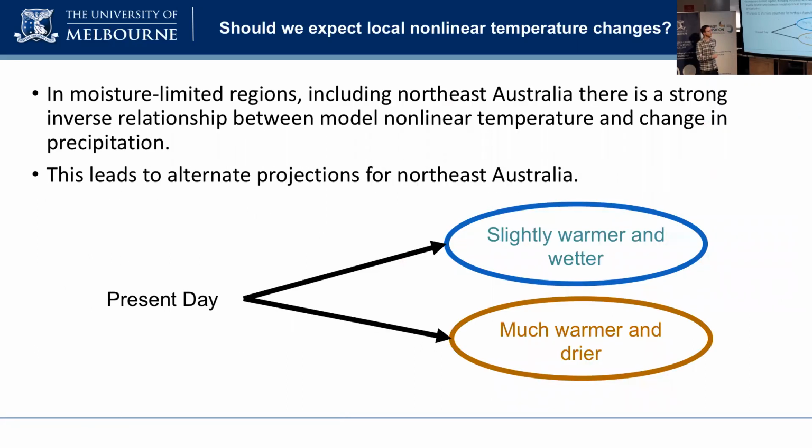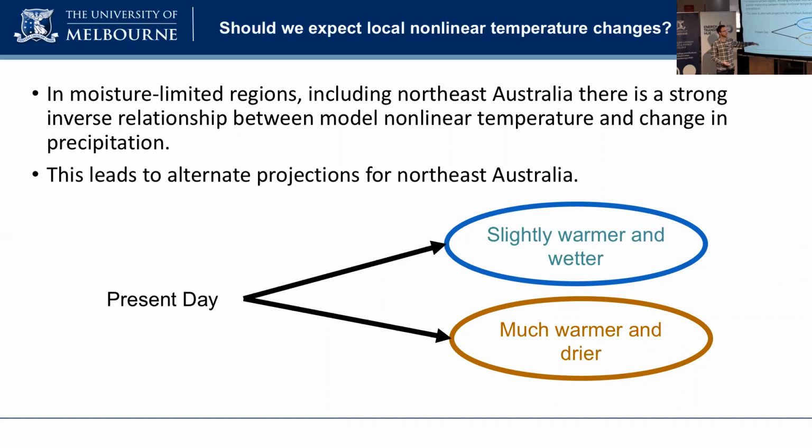Okay, so the point here is that in moisture-limited regions, so places like Northeast Australia, but also Central Europe and the Western US, for example, there's a really strong inverse relationship between models, where some models are warming but getting wetter, and some models are locally warming much quicker as a function of global temperature and getting drier.